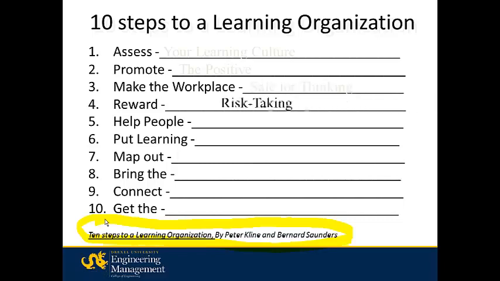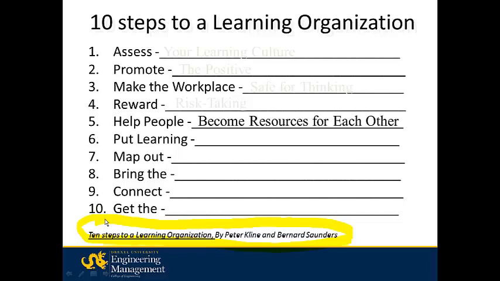The fourth is reward risk-taking. Once you've made the workplace safe, then you want to reward the risk-taking for individuals and encourage them to do more. I would say reward informed risk-taking by doing things that are smart. The fifth one is help people become resources for each other.